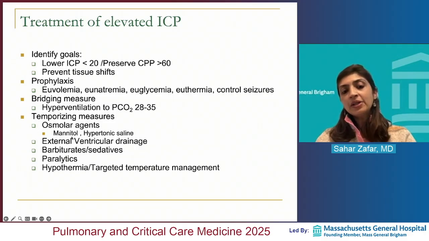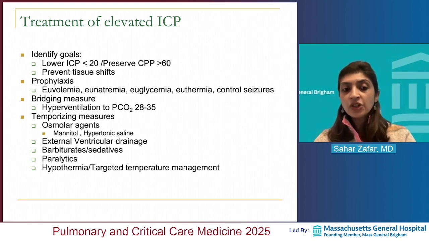And so what we typically do is dose them based on comorbidities and ease of administration. Mannitol has the advantage that it can be given peripherally and very quickly. In patients with renal dysfunction or renal impairment, there's a limit to how much mannitol we can give.